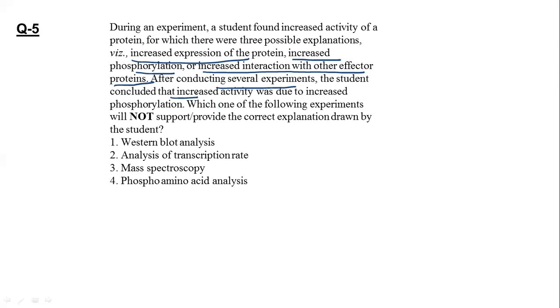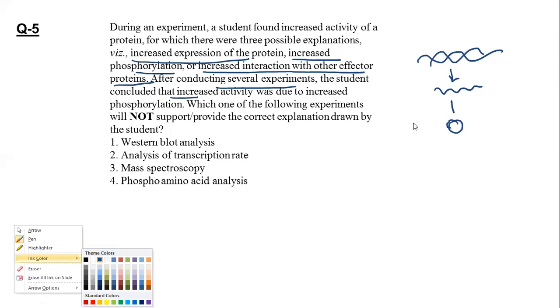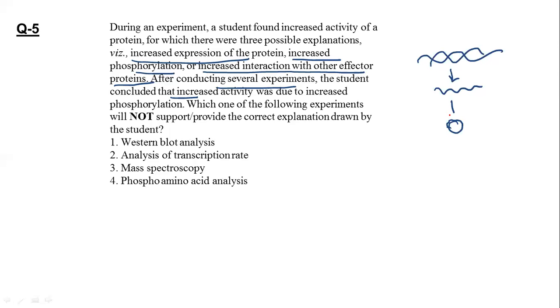Now, you are a researcher doing an experiment and a student found increased activity of a protein. We know that DNA produces mRNA and mRNA produces protein. Now this protein has increased expression at the protein level, or increased phosphorylation.